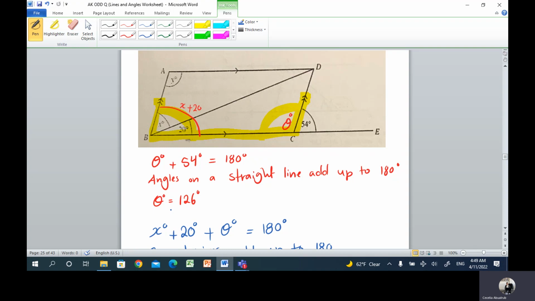So now that we found x, can you see here we have this parallel line and this parallel line. And if you go on the first parallel line, the line that is crossing both, and the second parallel line, this angle here and this angle are co-interiors.